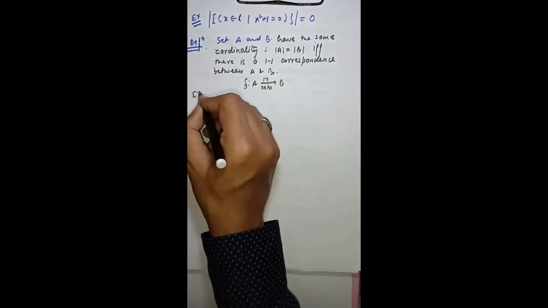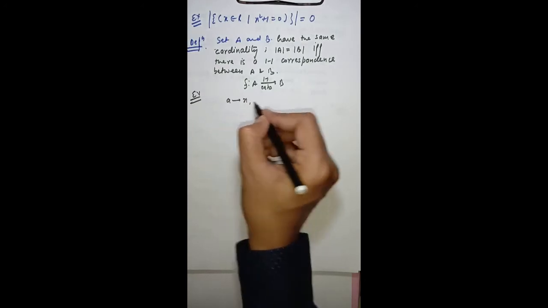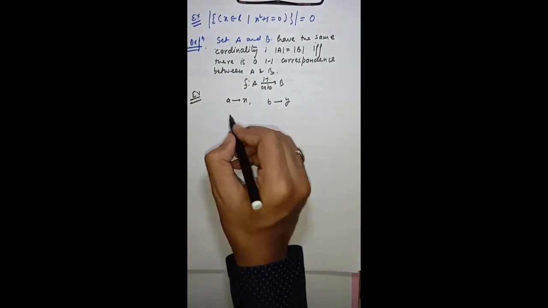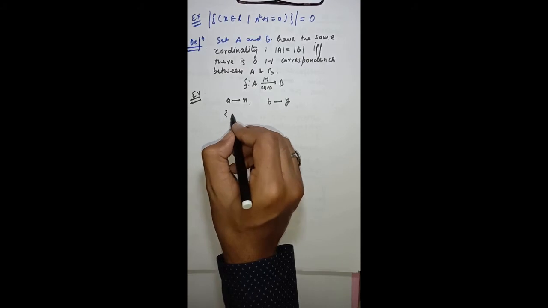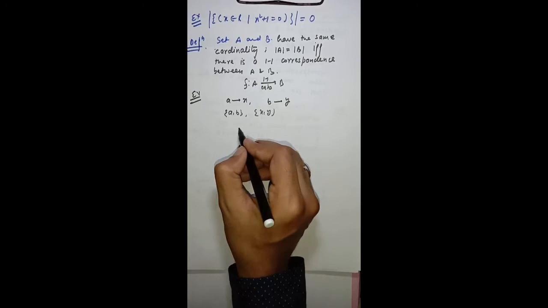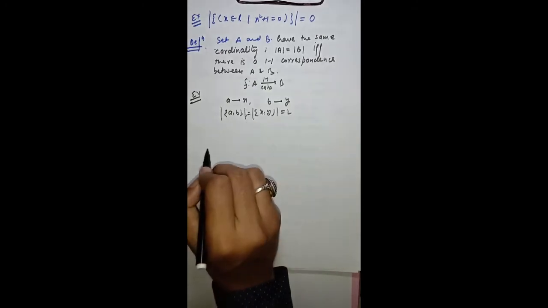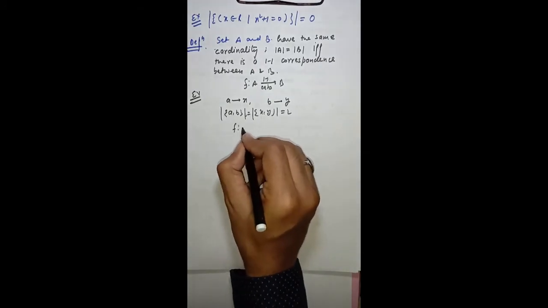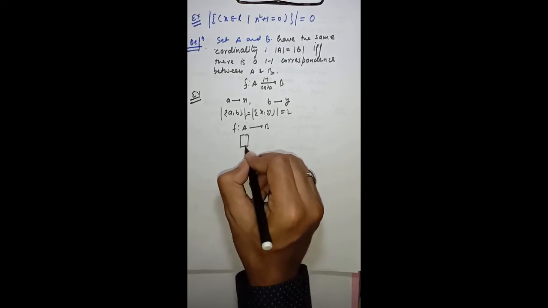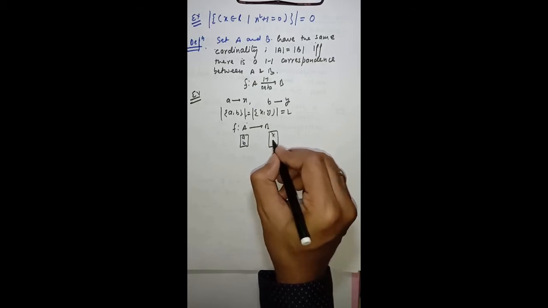For example, consider a function which maps a to x and b to y. We have a set having the elements a and b and another set with x and y, and the cardinality is 2. That means there exists a one-to-one and onto function from A to B. Suppose A has a and b and B has x and y.